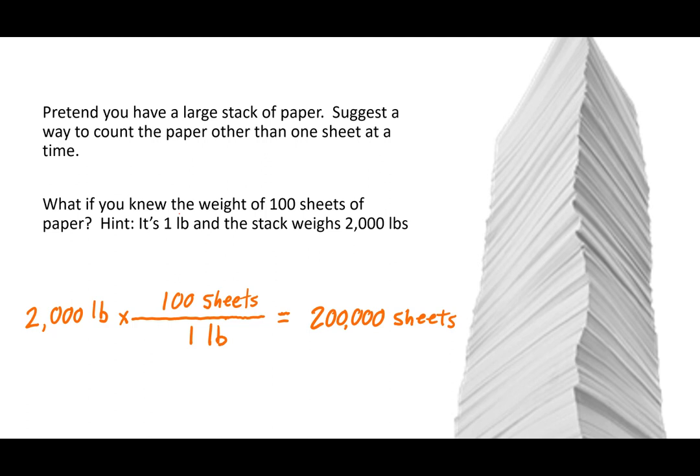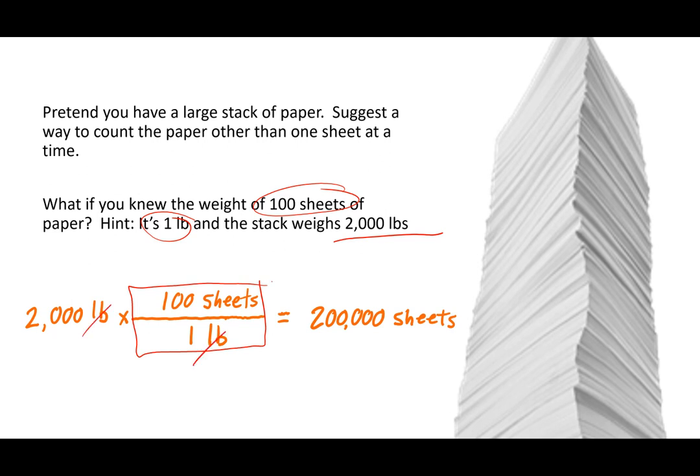Again, if you use the fact that 100 sheets of paper weighs 1 pound, which is a pretty close estimate, and you knew the original weight of this stack, you would start with 2,000 pounds, multiply it by this conversion factor that's given to you in the problem. Remember, dimensional analysis is something we did first quarter.